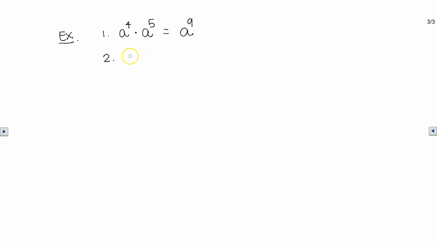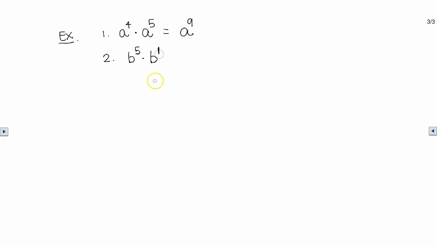If I wanted to do b to the 5th power times b, now let's talk about this for just a minute. The base here is b, and it's repeated 5 times. The base here is b, and I want you to notice it appears that it doesn't have an exponent. But if I have just a b, then that b is being repeated just 1 time.